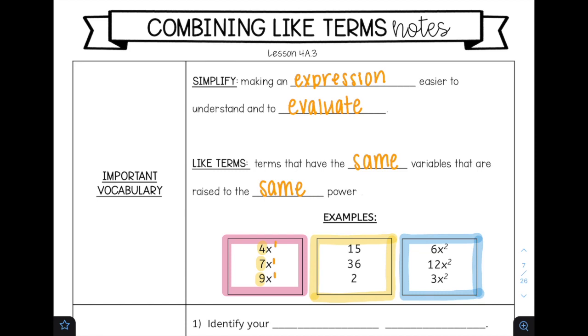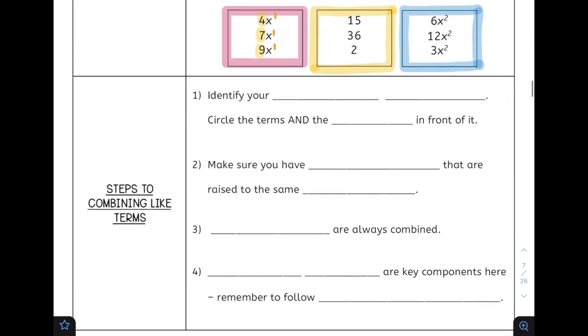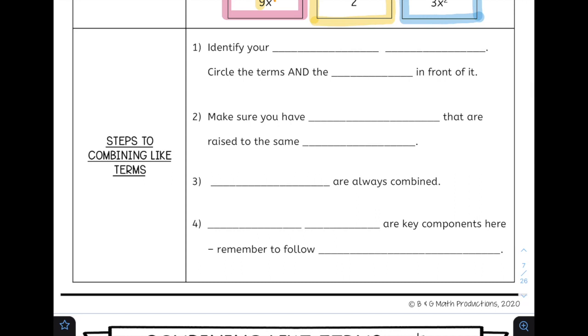So there are a couple of steps to follow when combining your like terms. You want to identify your like terms first. Do you have a constant? Do you have x squared? Do you have y? Do you have x? What variables are involved? You want to make sure you're circling the terms and the sign in front of it. So let's say I had negative 9x plus 4 minus 3x.